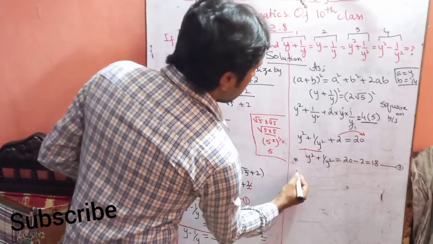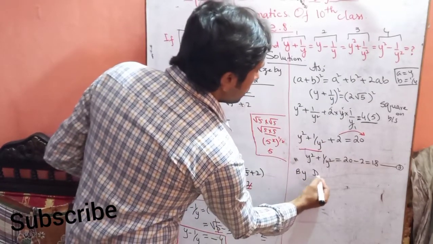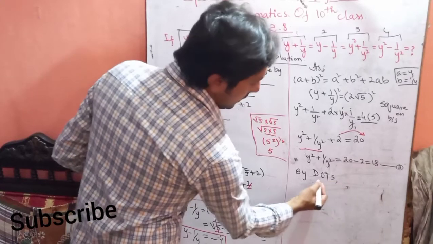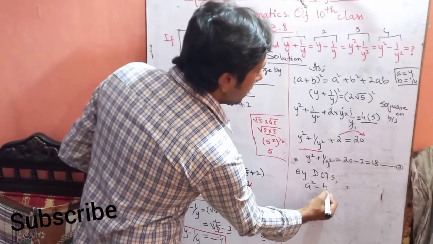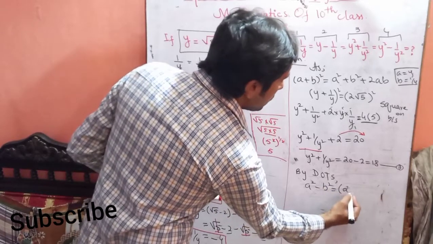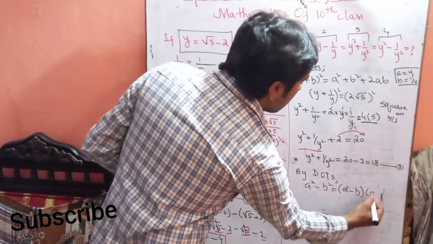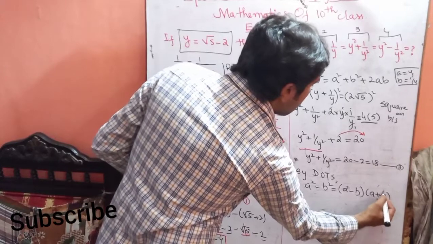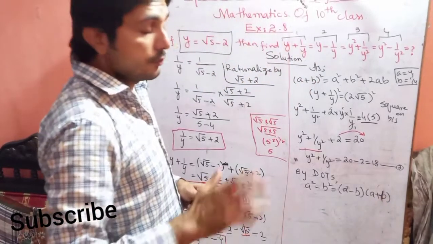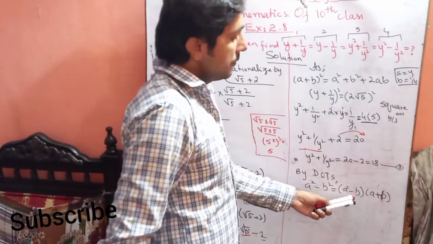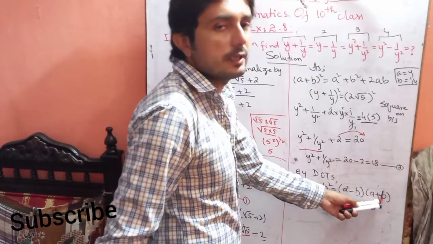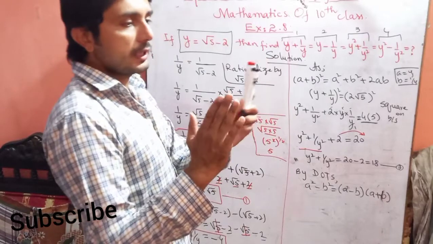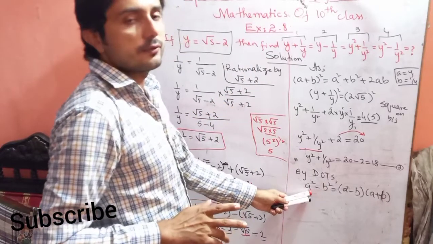We know by the formula of the difference of two squares, a square minus b square is equal to a minus b and a plus b. It means we have two brackets here. The first one will have the negative sign, and the other one will have the plus sign. If both brackets are multiplied, the answer is the difference of the two squares.